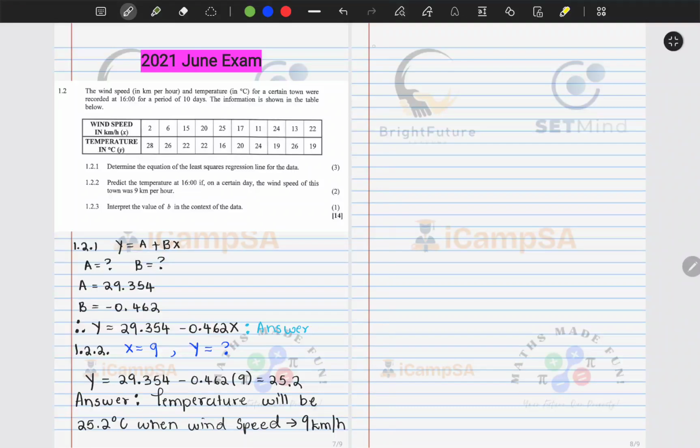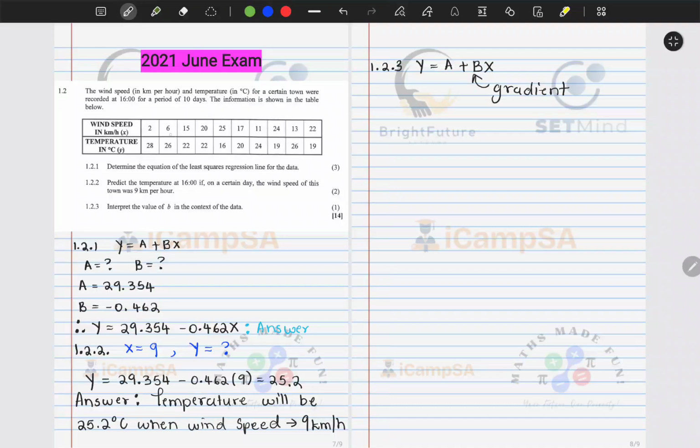Okay, and then now let's have a look at 1.2.3. So we are required to interpret the value of B in this context. So remember, we have y equals A plus BX. Okay, so when you look at B here, B is really the gradient.